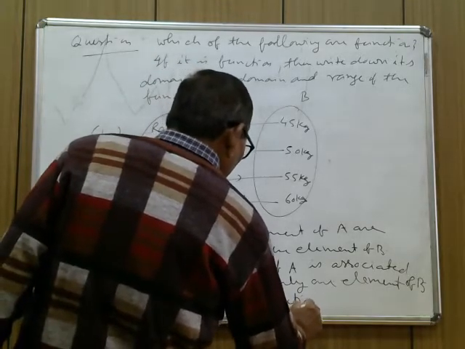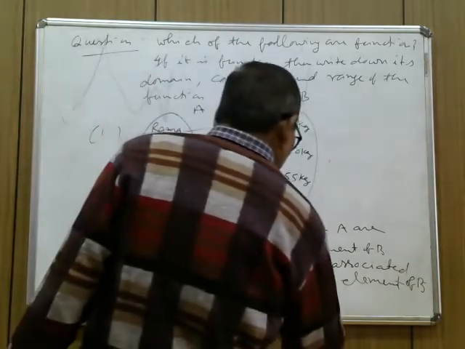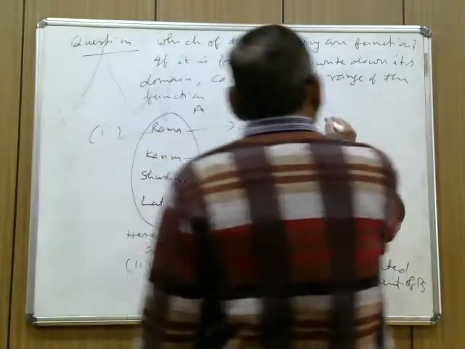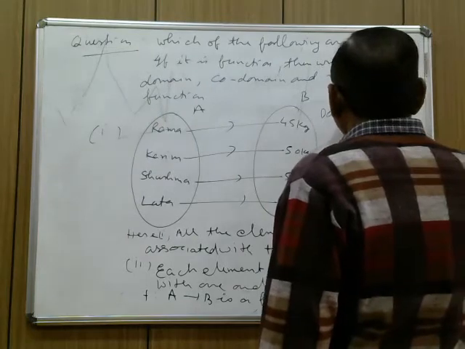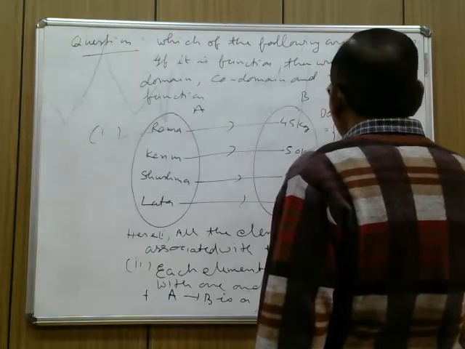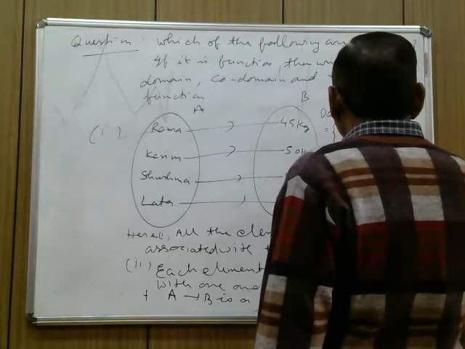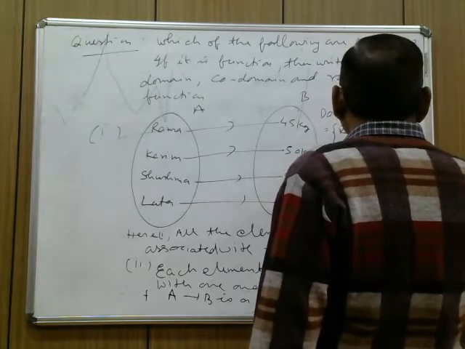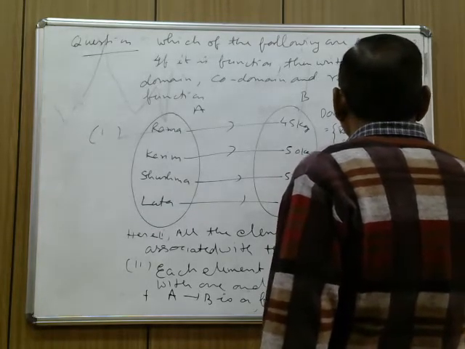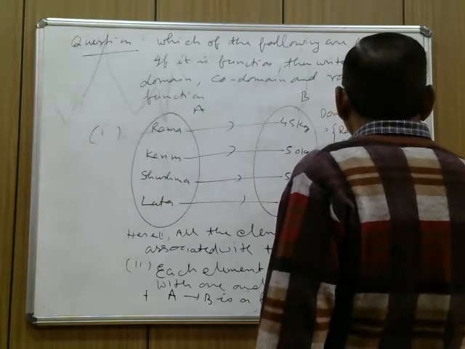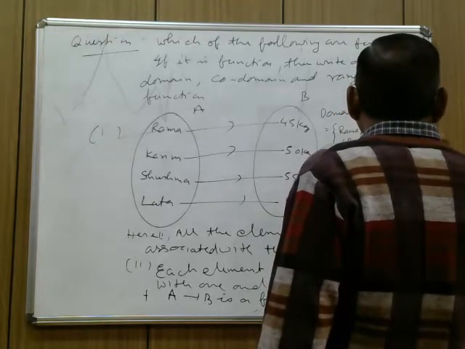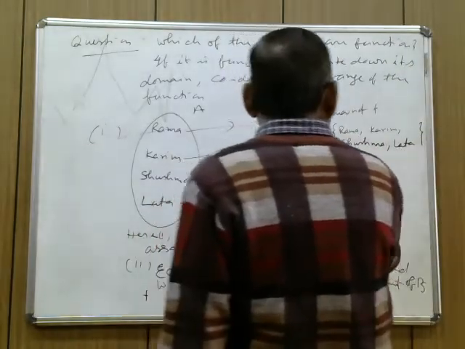Now what is second? Second part is that you have to find the domain. What is the domain of this function? Domain of f consists of Rama, Kareem, Sushma and Lata. And what is the range of this function?